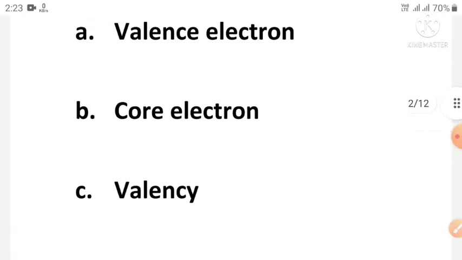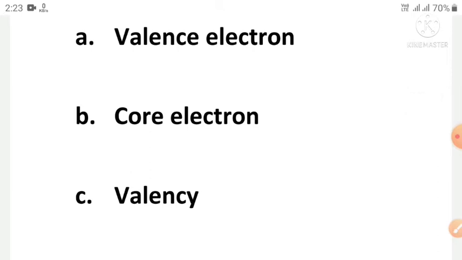Now, here we have to observe and see the last video that is related with the valency of an element. If you want to see, you go to the comment section and get the links, then you can clearly solve the given questions.